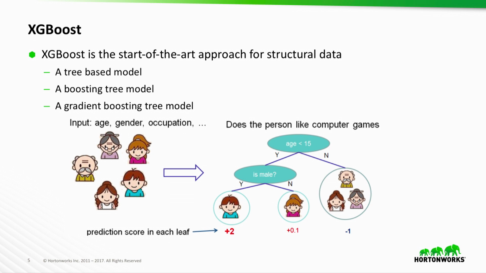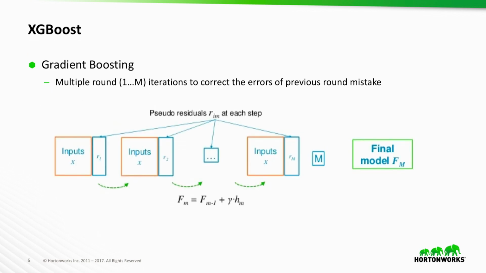This kind of tree algorithm is widely developed, but XGBoost is a little different from previous tree-based models. First, it's a gradient boosting trees algorithm. You can think about it this way: if we make a mistake, next time we want to learn from our mistake and make a better decision.